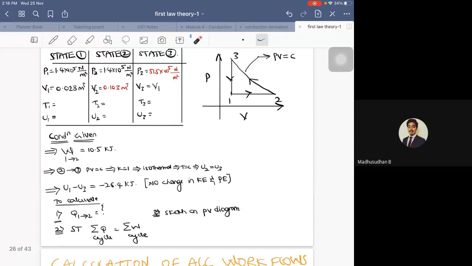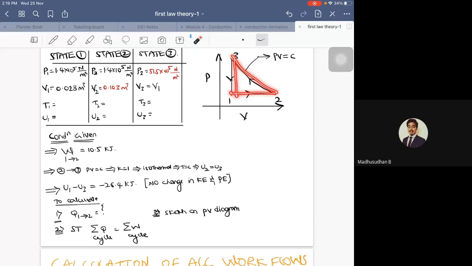What we need to calculate is Q1 to 2, and sketch it on a PV diagram, which we have done already. We have to state and prove that the cyclic integral of heat is equal to the cyclic integral of work. That means we need to calculate Q1 to 2, Q2 to 3, Q3 to 1, and W1 to 2, W2 to 3, and W3 to 1.